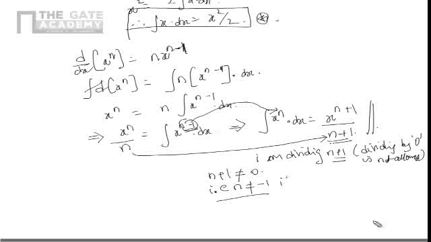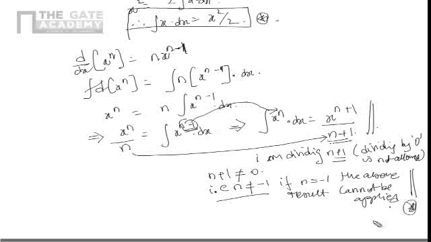If n is equal to minus 1, the above result cannot be applied. Please remember that this is very, very important. This result cannot be applied if the value of n is minus 1.